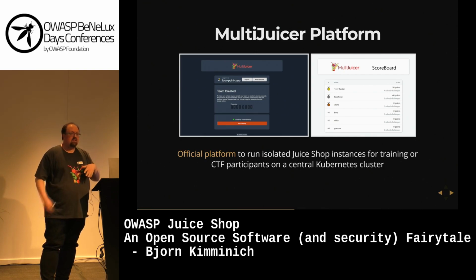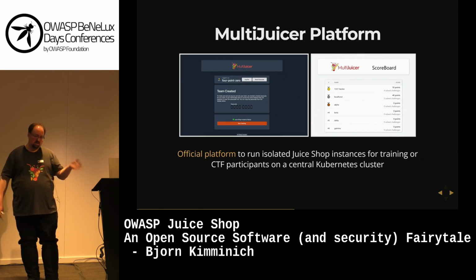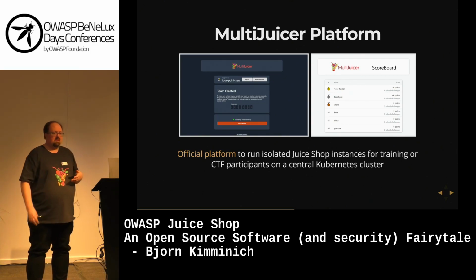This is basically a Kubernetes cluster, which comes with its own custom load balancer and an internal scoreboard for comparing progress of the different instances. You can quite quickly fire it up with the instructions we have for all kinds of cloud providers that you can imagine. It's pretty straightforward, quite easy to administrate.